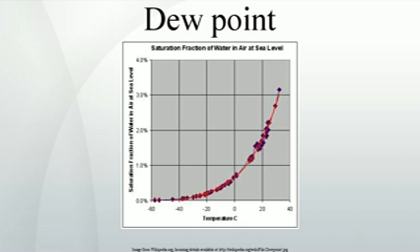Calculating the dew point. A well-known approximation used to calculate the dew point, TDP, given just the actual, dry bulb air temperature, T, and relative humidity in percent, RH, is the Magnus formula.